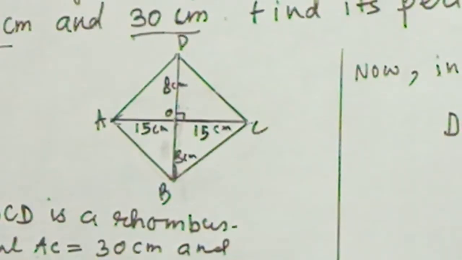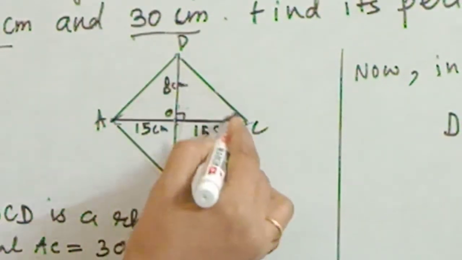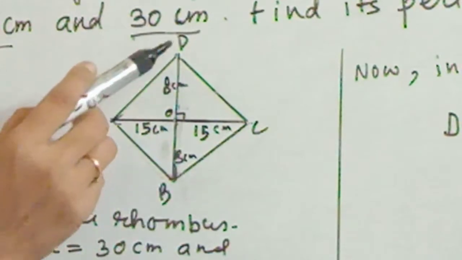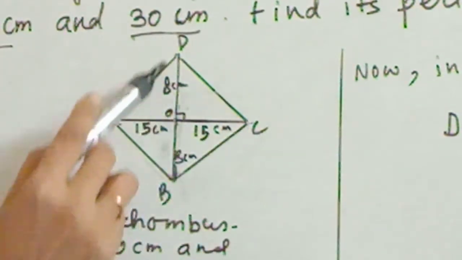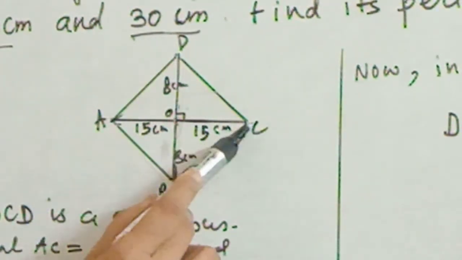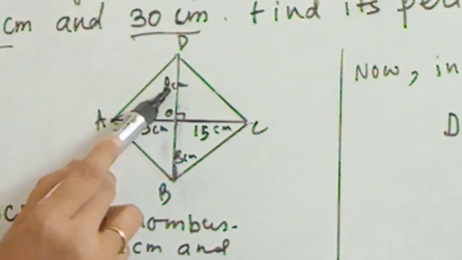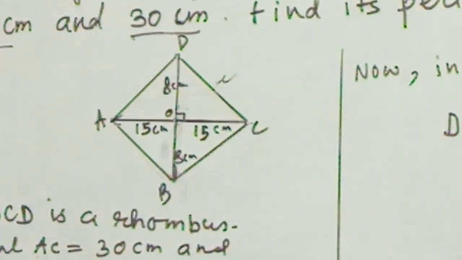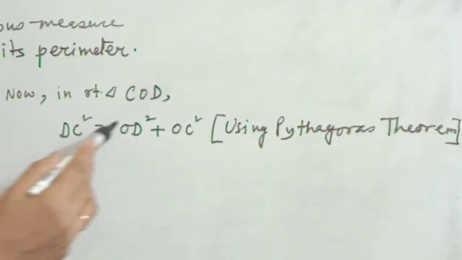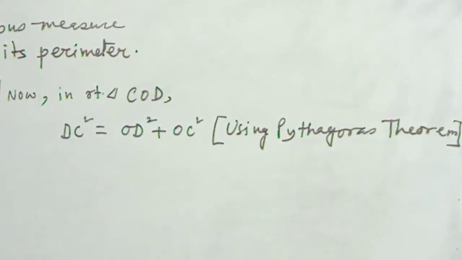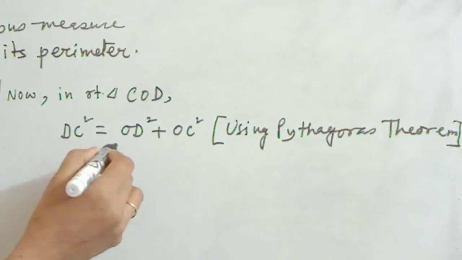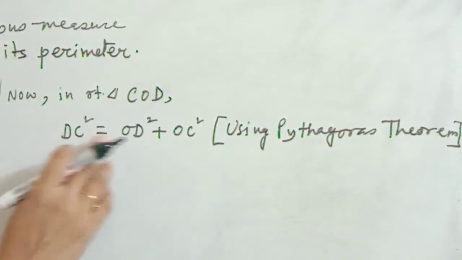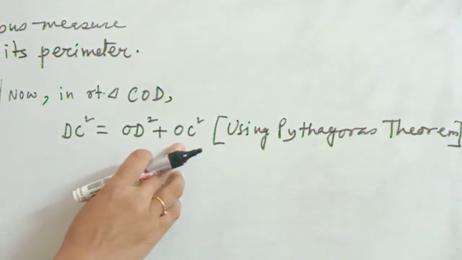Now we will find the hypotenuse of the right triangle COD, where OC is 15 centimeter, OD is 8 centimeter. We have to find the length of DC. Now in right triangle COD, using Pythagoras theorem, hypotenuse square is equal to perpendicular square plus base square.